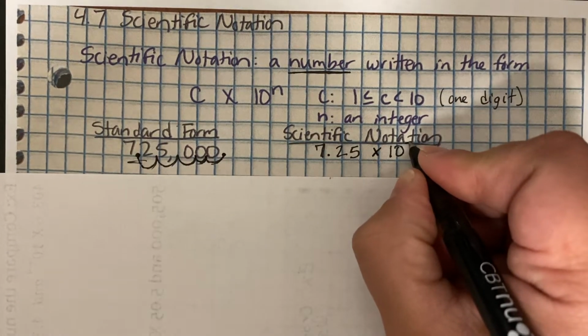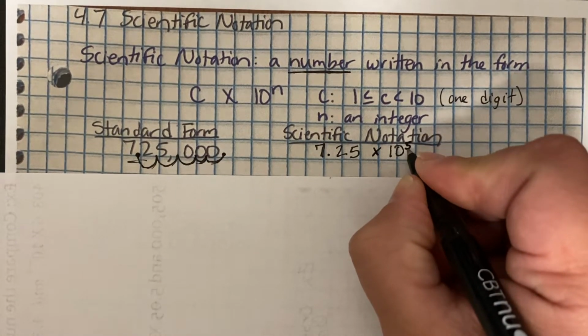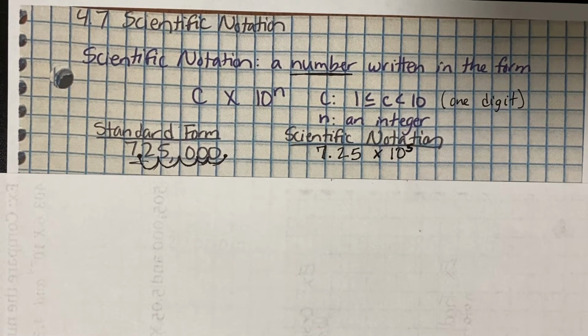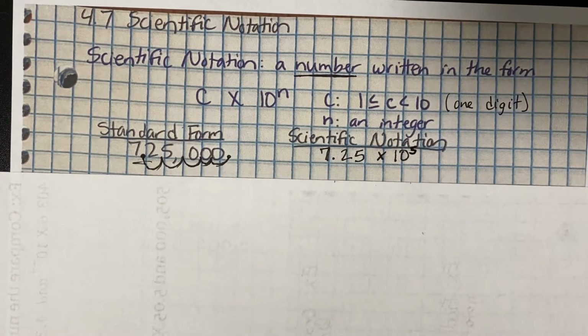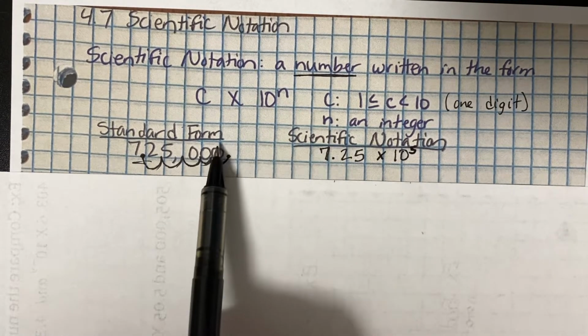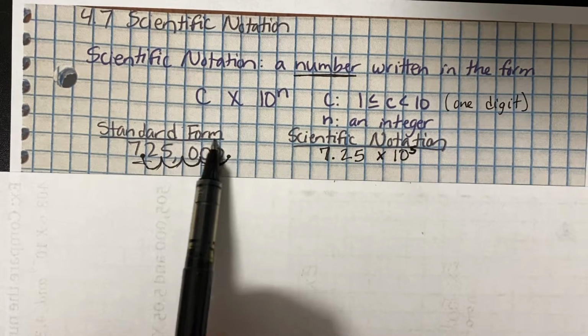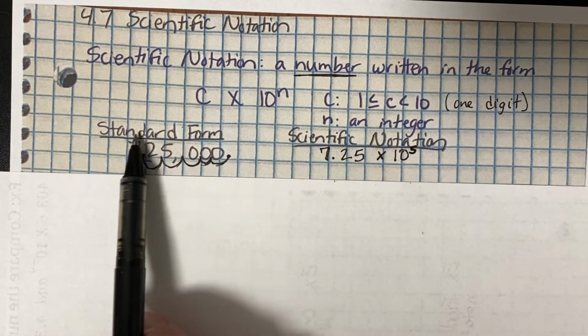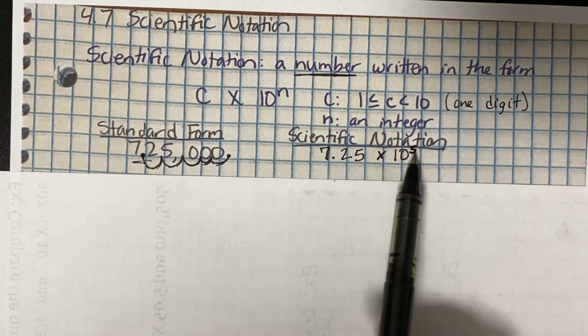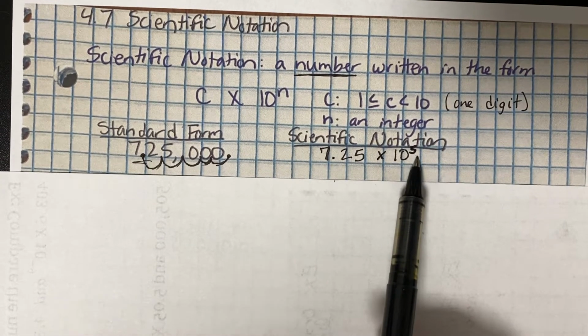So our exponent is going to be a 5. Okay, so 7.25 times 10 to the 5th. That's how you would say that. Because my number was a really big number, 725,000, we would have a positive exponent.